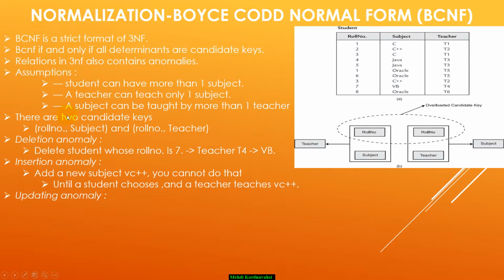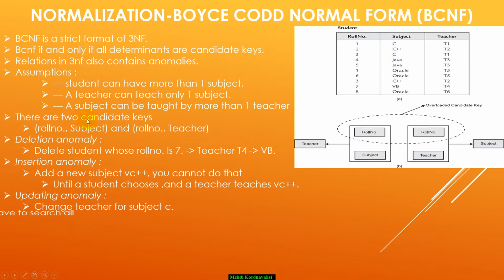And the next anomaly is the updating anomaly. Suppose you want to change the teacher for subject C. You have to search all the students having subject C and update each record individually. Otherwise, it causes inconsistency again.